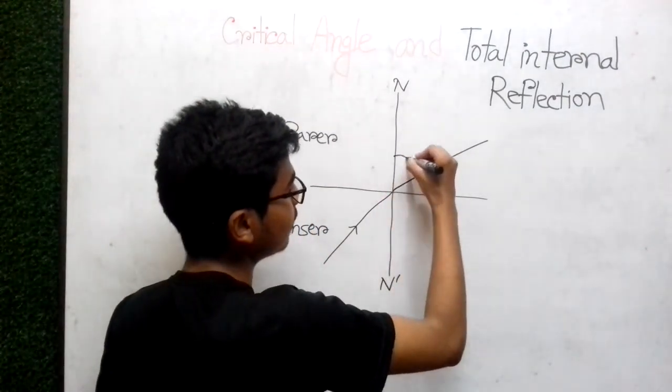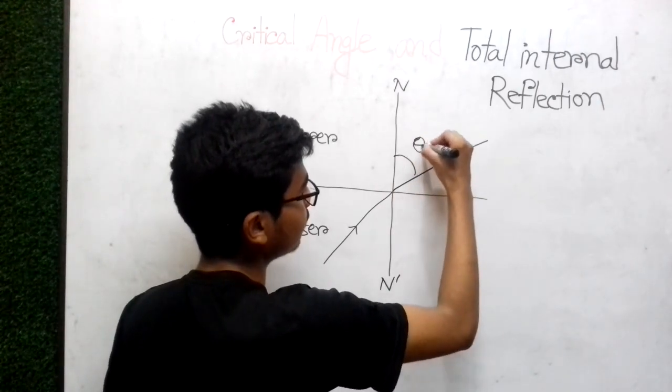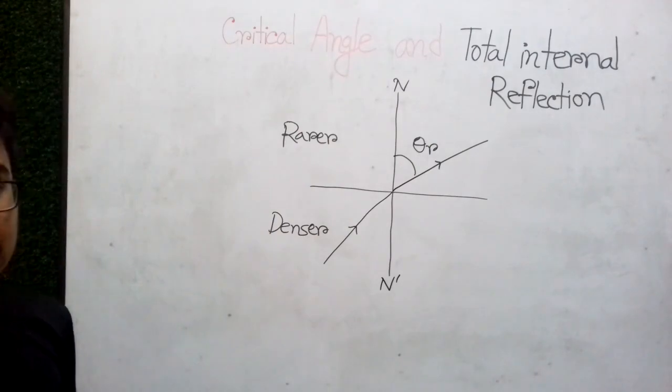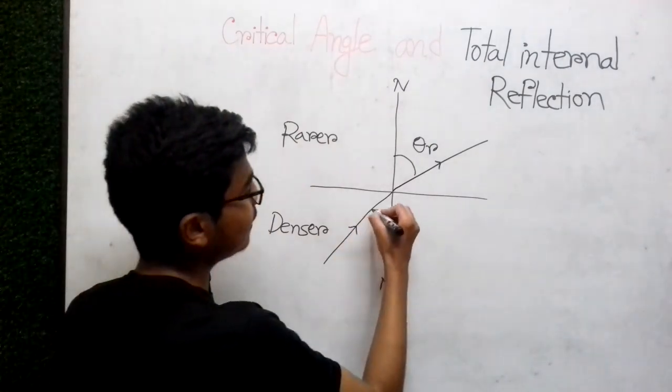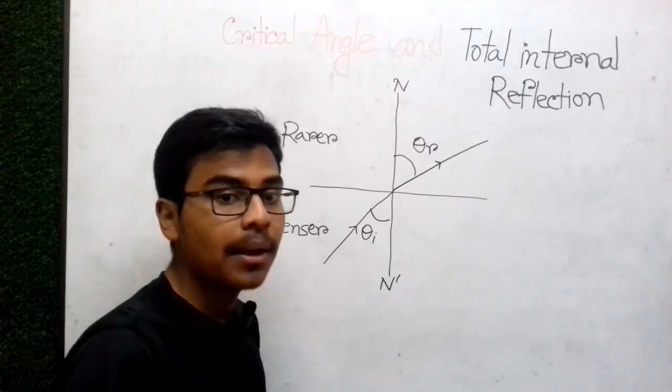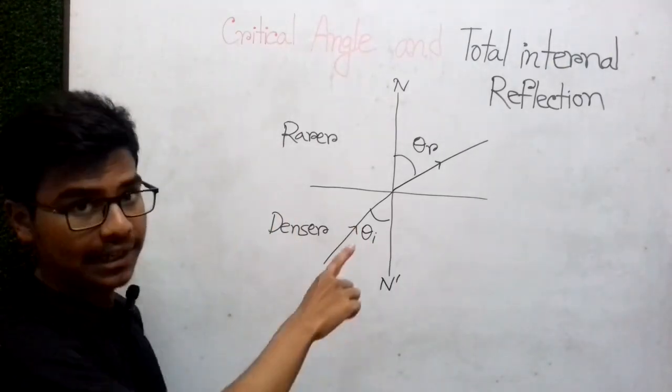This is the angle of refraction, which I'm denoting by theta r, and this is the angle of incidence, which I'm denoting by theta i.